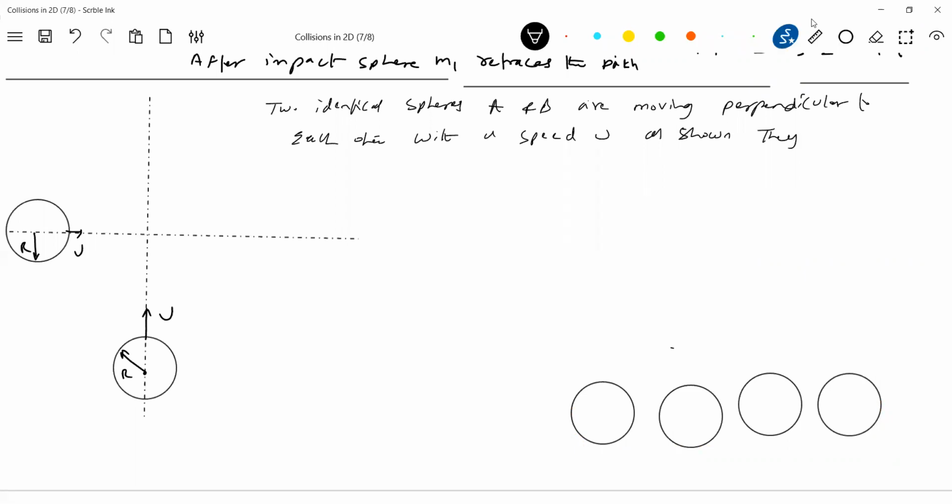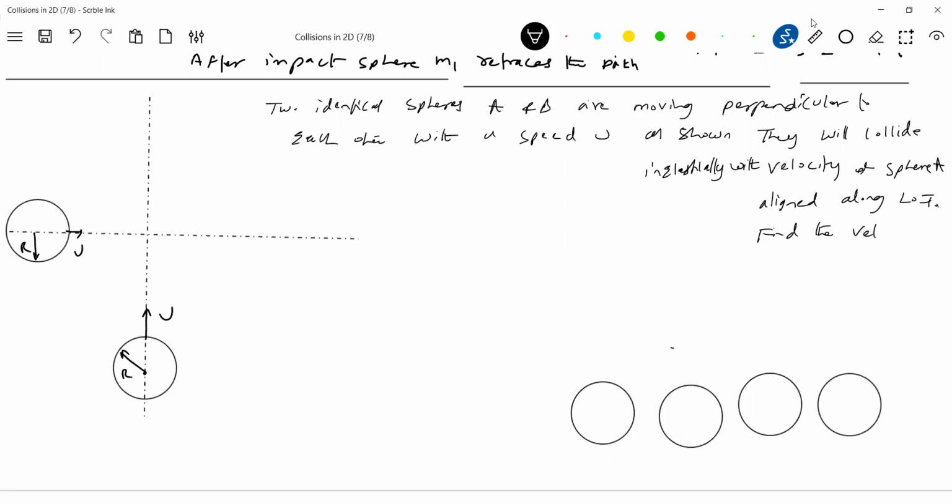They'll collide inelastically with the velocity of sphere A aligned along line of impact.